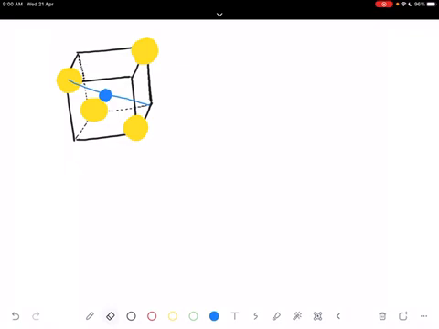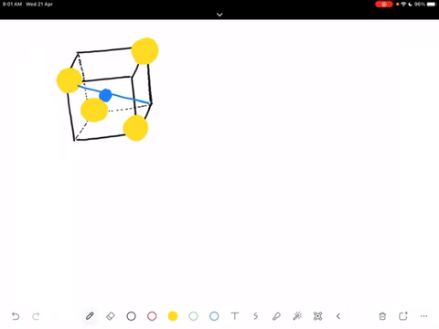So I have drawn a line once again from its center. What is the length of this blue line?